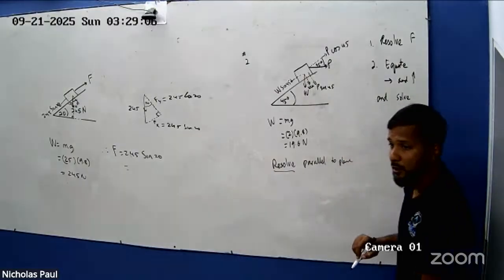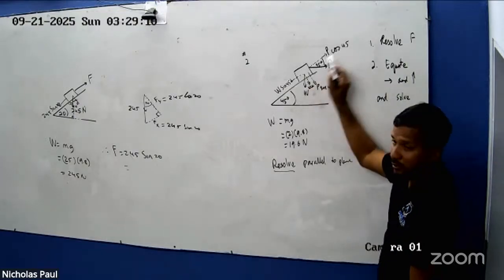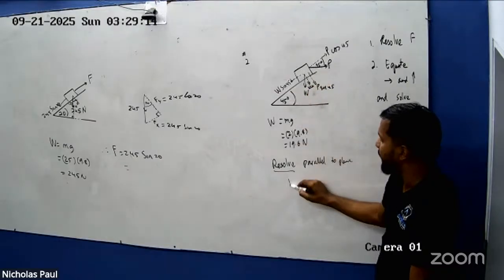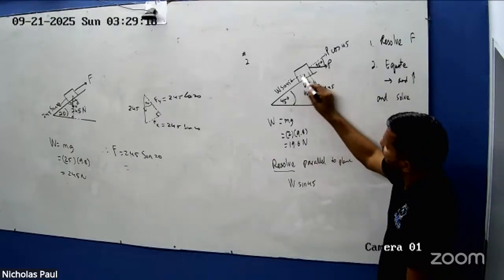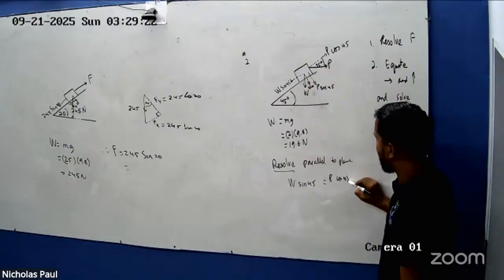If we resolve parallel to the plane, what can we say? W sine 45 equals what? W sine 45 equals P cos 45.